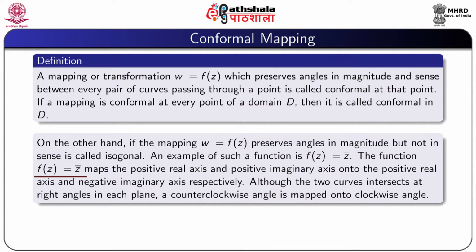The function f(z) = z bar maps the positive real axis and positive imaginary axis onto the positive real axis and negative imaginary axis respectively. Although the two curves intersect at right angles in each plane, a counterclockwise angle is mapped onto a clockwise angle.